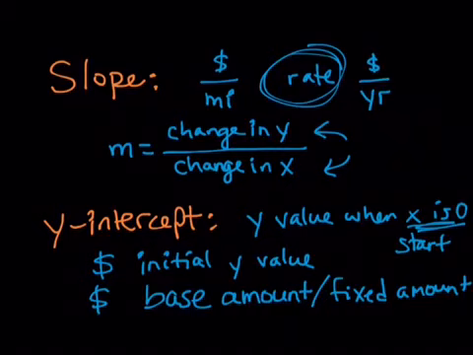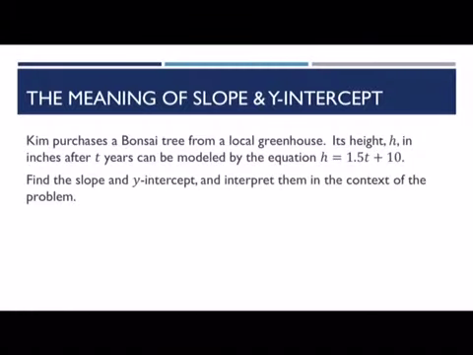Slope is a rate. Its units would be the same as the units for y divided by the units for x. And the y-intercept will have whatever the units for y are. Alright, so let's look at two examples of an application where the equation is already given.